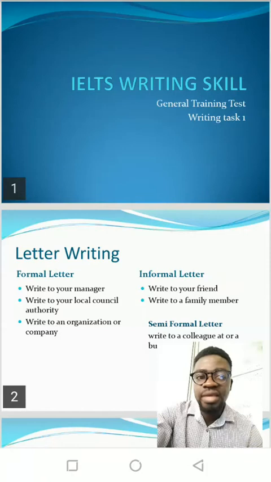In the academic test, you'll be interpreting information in a diagram, but in the general training test, you'll be writing a letter, and then you have another general question to answer. You're always advised to spend 20 minutes on the first writing task, and then you spare the other 40 minutes for the second writing task.